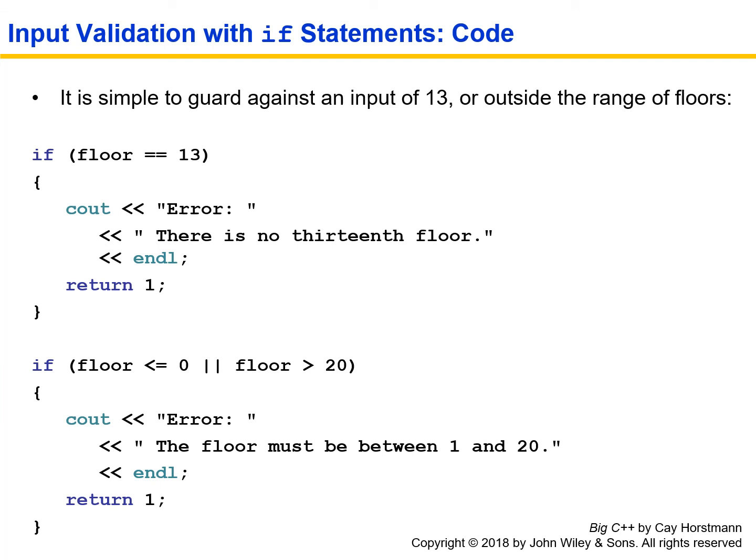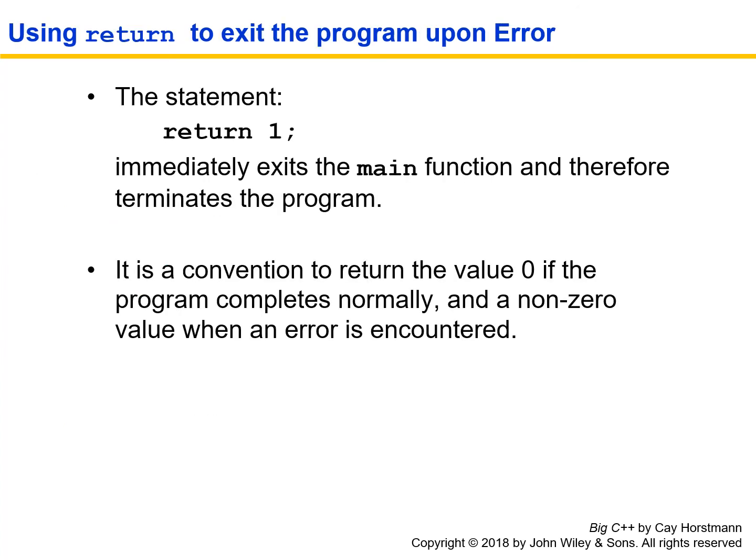To guard against an input of 13, it's pretty simple. We say if floor double equals 13, then we print an error message and return 1. If floor less than equal to 0 or floor greater than 20, again, we print an error message and return 1. The return 1 statement just immediately exits the main function, which means it exits the program.